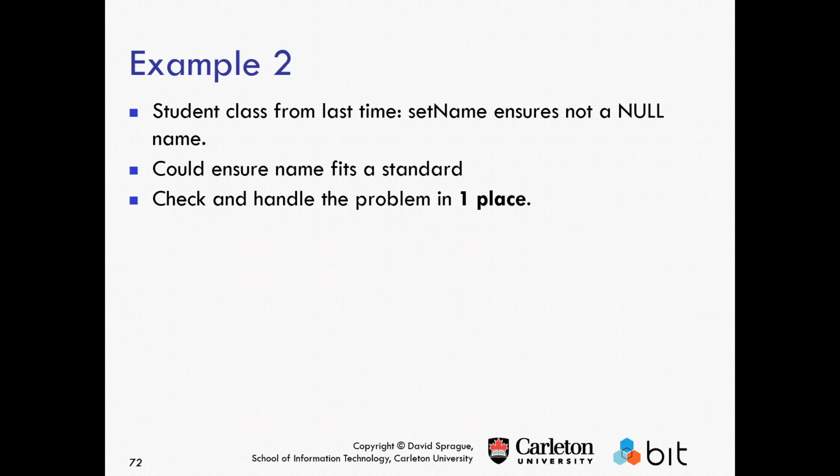I want my system to intelligently handle that. Do I change the name? Do I keep the old name that I had? Do I set the name to an empty string? These are the kinds of questions you want to ask yourself. In this particular case, if you send me null, I would expect to keep the old name or set it to an empty string. I would actually probably just keep the old name. If you give me an empty string, however, I'd change the name to the empty string.